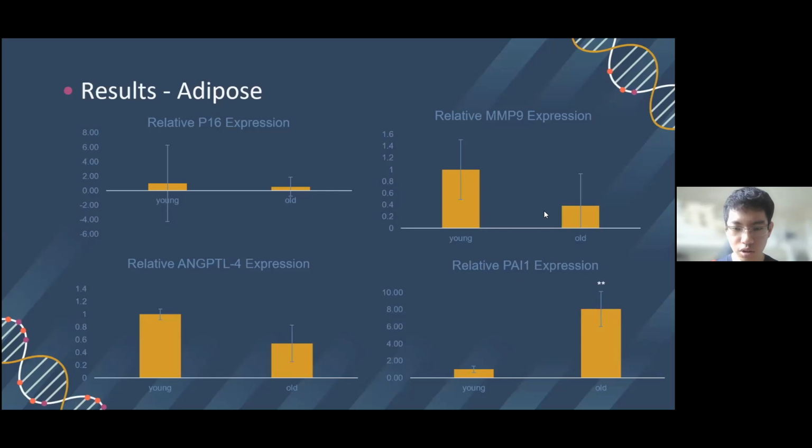These other genes of interest were also notable in their trend, except for P16, especially the p53 expression. There was a significant upregulation in the old mice compared to the young mice.